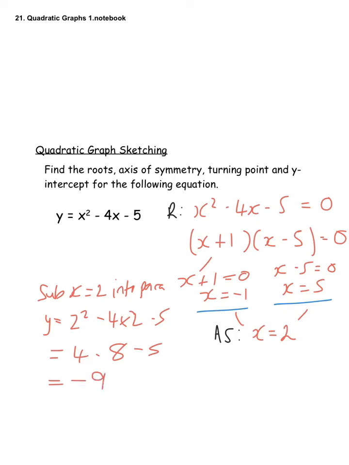So our turning point, or TP for short, is 2, minus 9. And that's it.